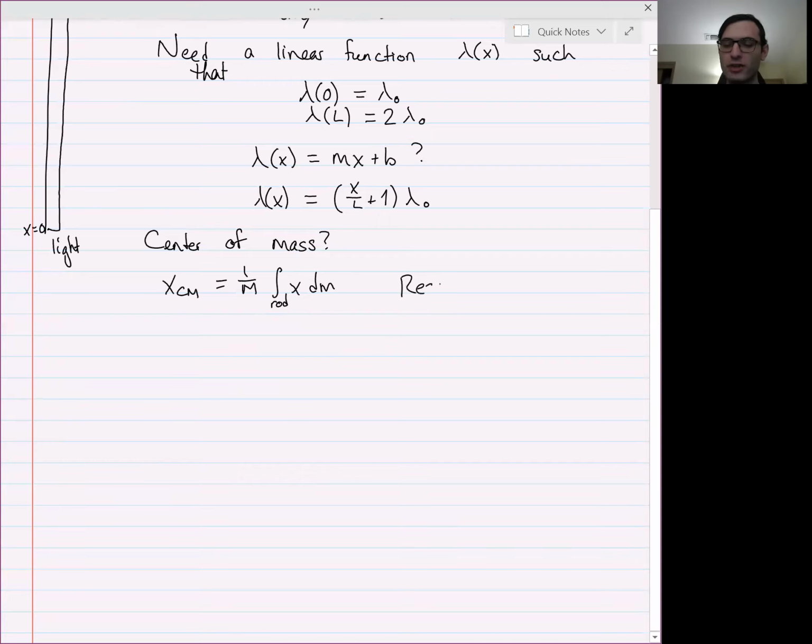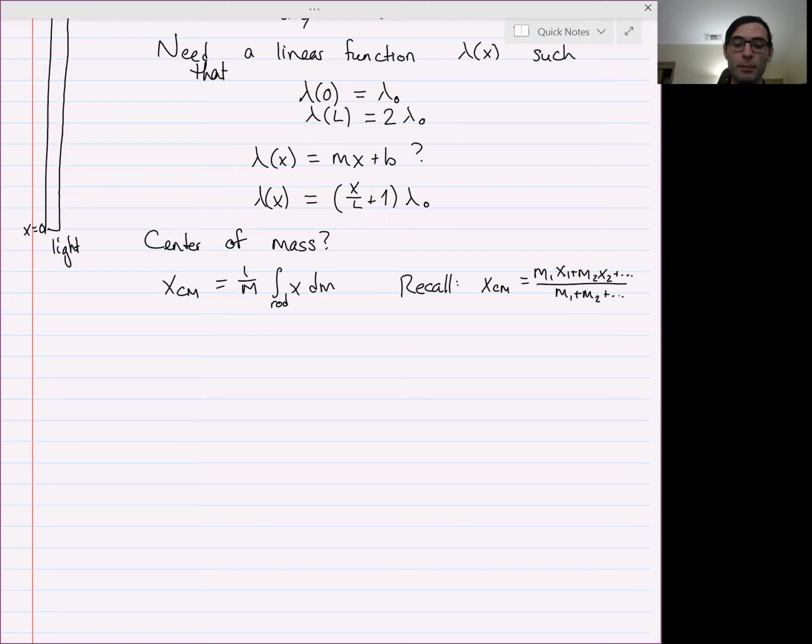It's the weighted average of positions, weighted by mass. Just as a refresher, xcm would be something like m1 x1 plus m2 x2 plus ... divided by m1 plus m2 plus ... And all we're doing is generalizing it where these chunks of mass are very, very small, and that sum becomes an integral.